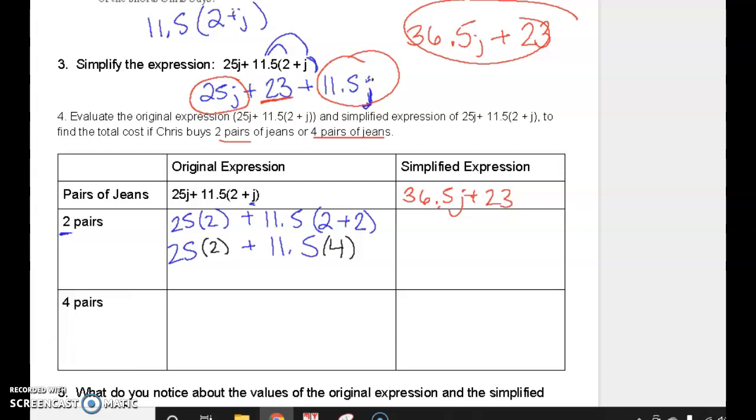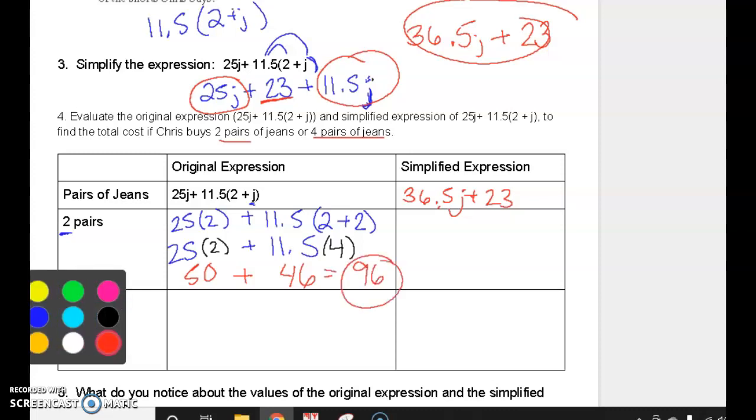In this case, we have some multiplying. 25 times 2 is 50. 11.5 times 4, now grab your calculators out. 11.5 times 4 gives us 46. So 46, and then I'll bring down this plus sign. Last step, let's add this together. 50 plus 46 equals 96.